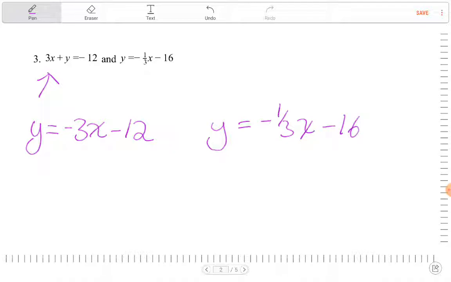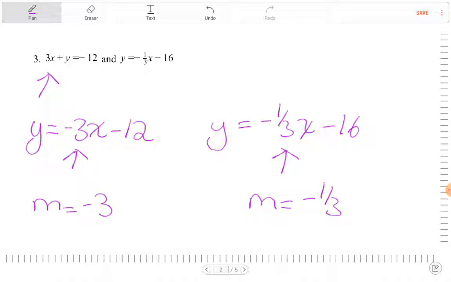So let's check, do I have parallel lines or do I have perpendicular lines, or maybe do I have neither? I'm going to check my slope. So the slope on the first line is -3. The slope on the second line is -1/3.